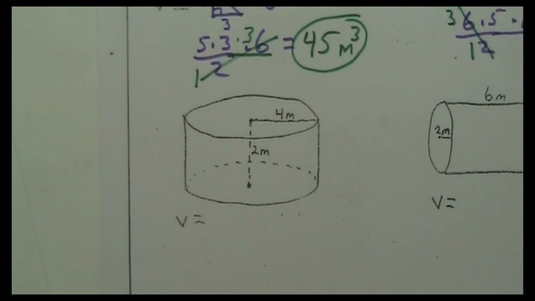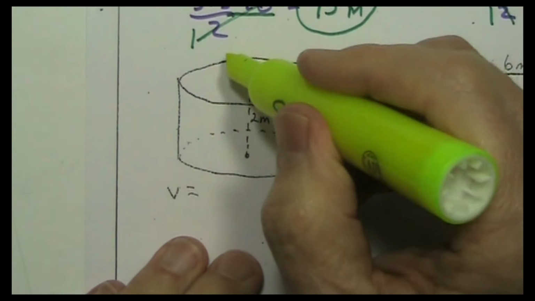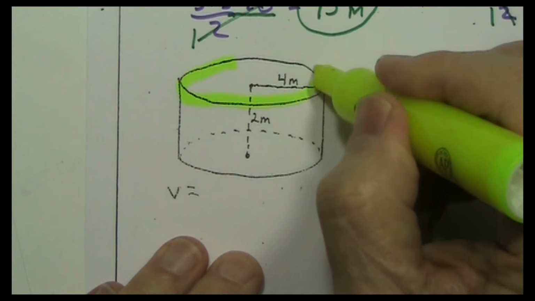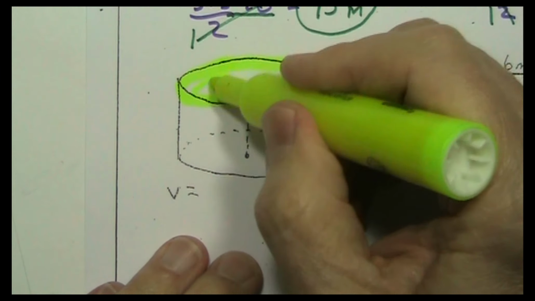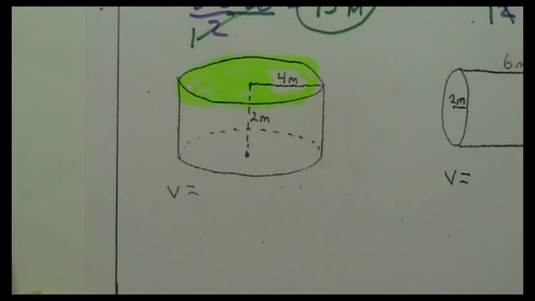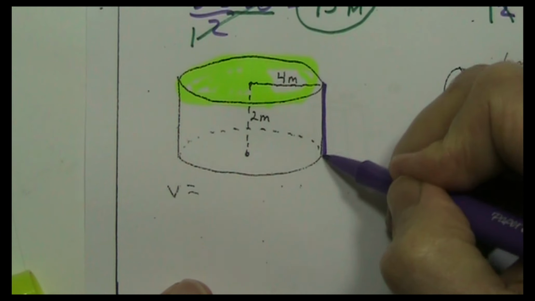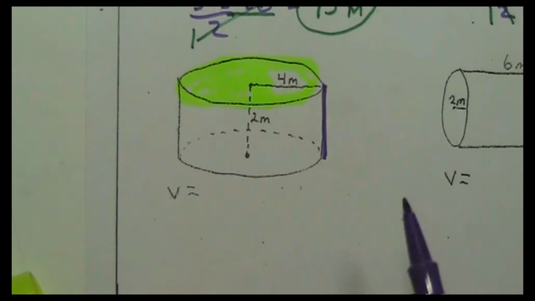And I'll use a top as the shape. It's the shape of a circle, right? So this is the top of it. This is the shape, circle. And then that circle is so much tall, this tall, which is 2 meters.